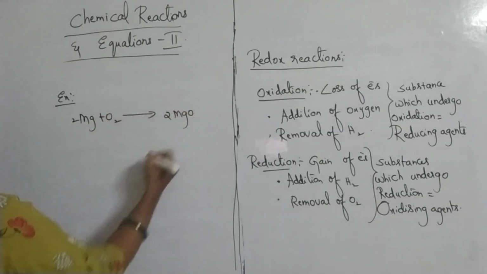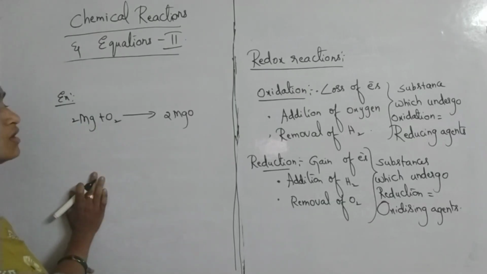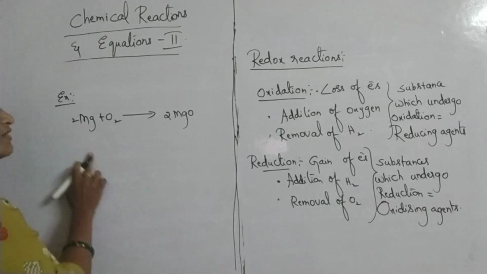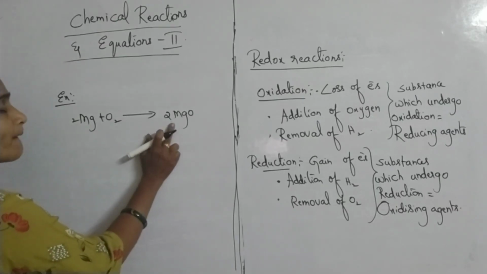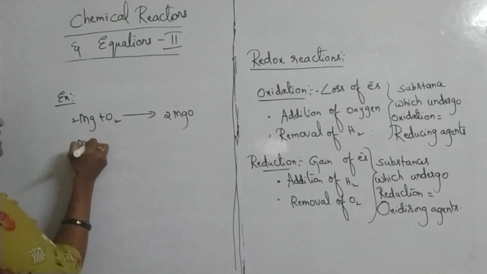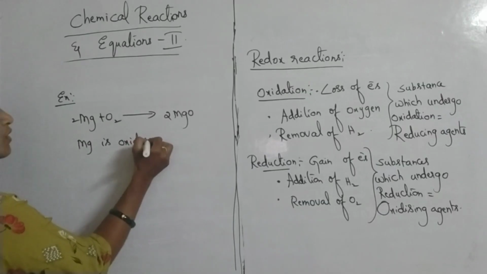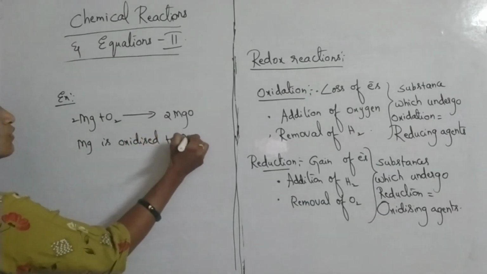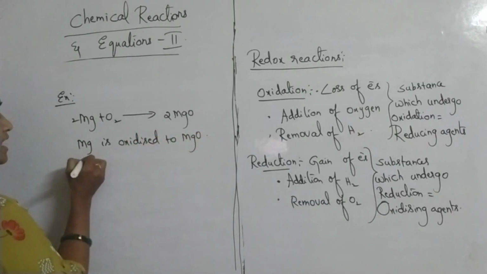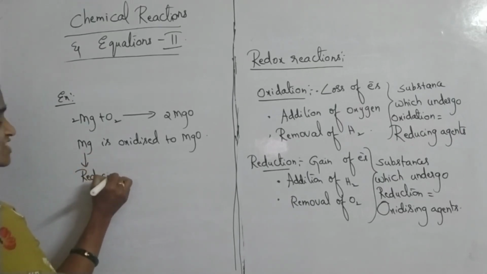Here magnesium is added with oxygen, so magnesium is converted into its oxide. So it is oxidized. Magnesium is oxidized to MgO. Please understand the point carefully. That's why magnesium is treated as a reducing agent.